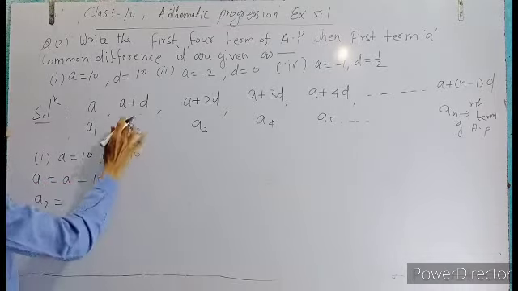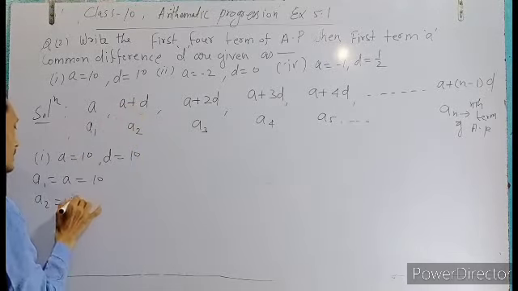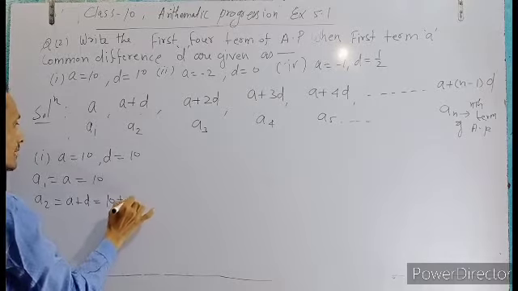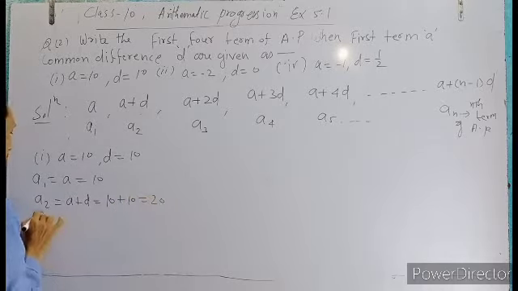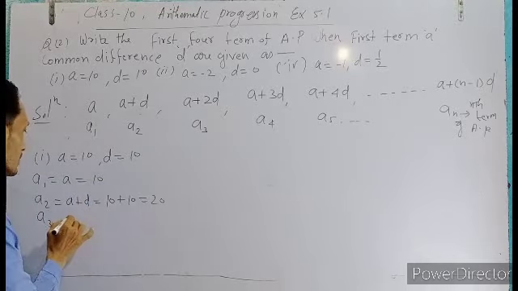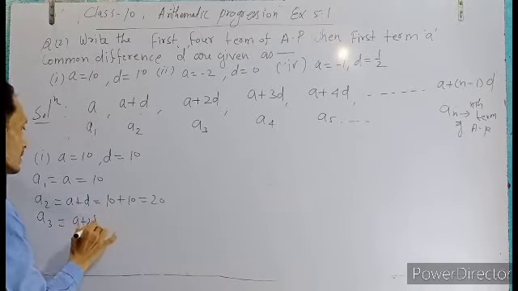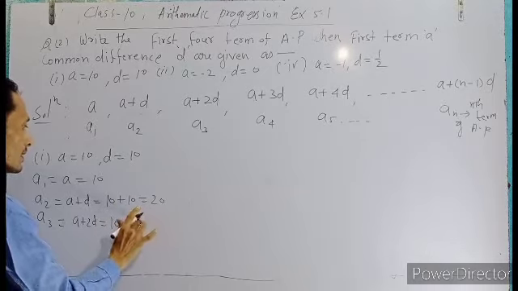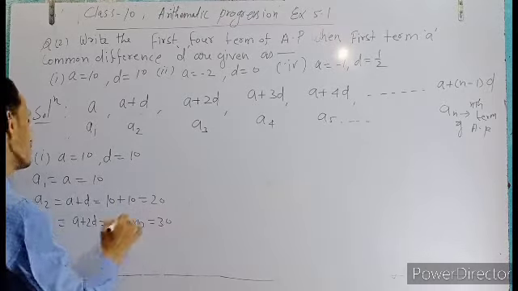A2, what will be A2? A plus D means 10 plus 10, that is equal to 20. A3 means A plus 2D, that is 10 plus 2 into 10, equal to 30.